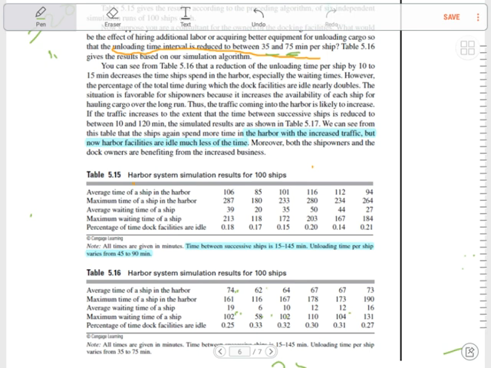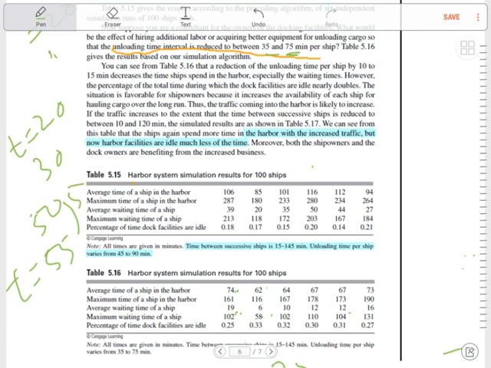Suppose I give the example as before, in the modified algorithm, at t equals 20 ship 1 has arrived, and it is taking only 30 minutes to unload, so total 50 minutes, and now say ship 2 has arrived at t equals 55, that means a 5 minute gap.